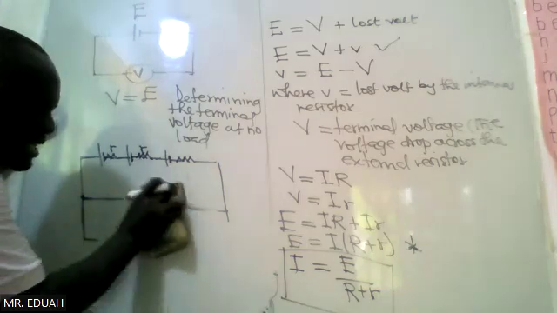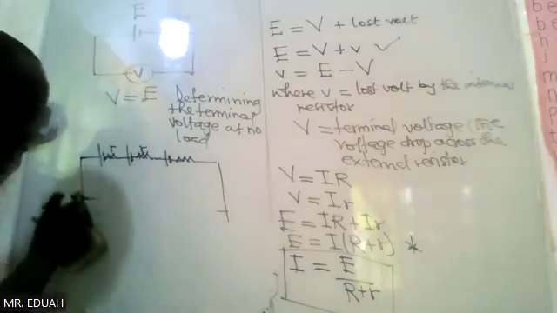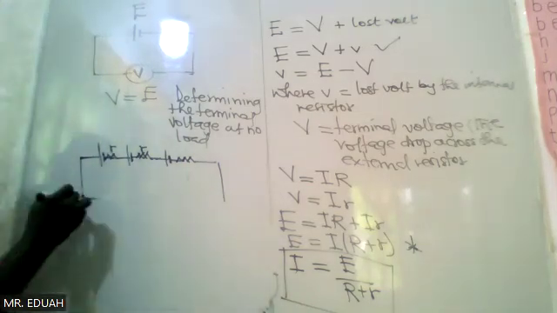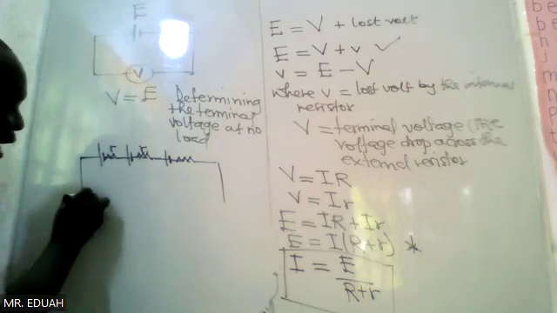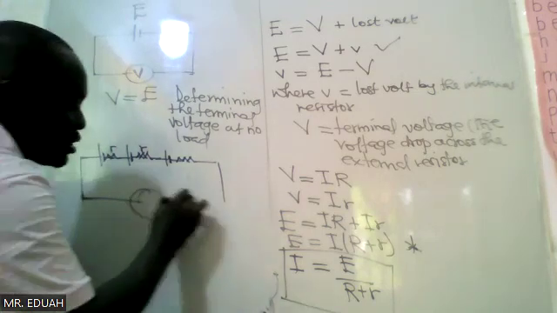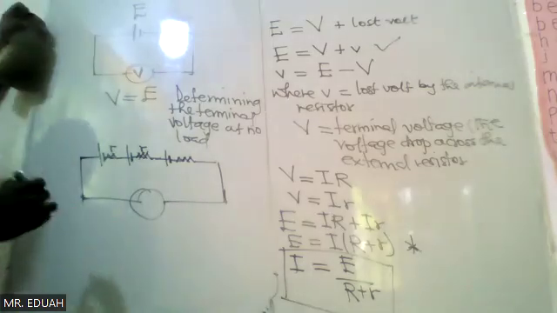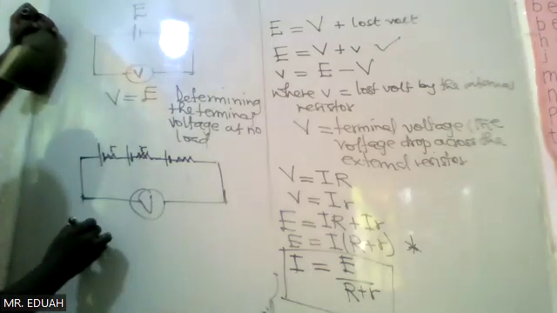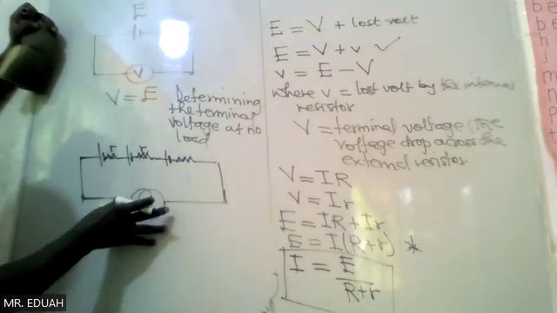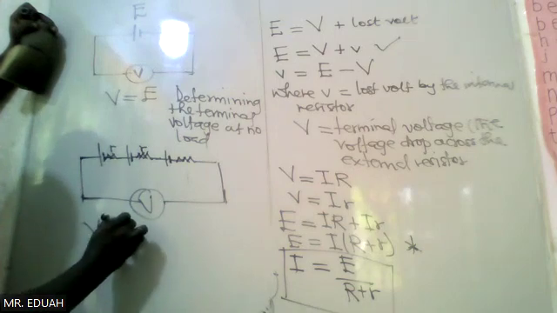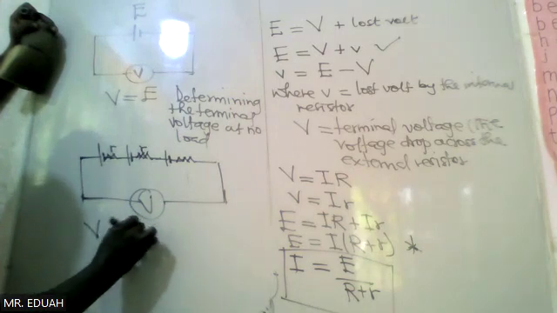If there is no external resistor, then we connect a voltmeter across this. Then we get the voltage drop across this equal to the source EMF.